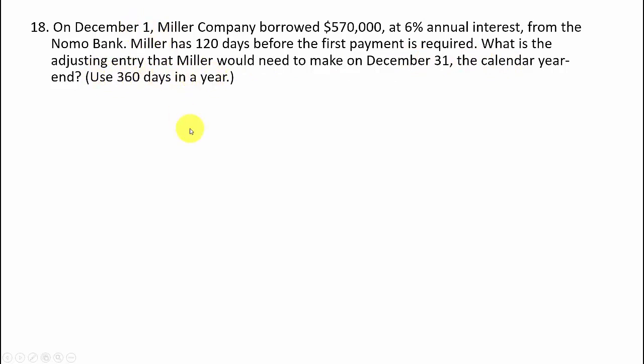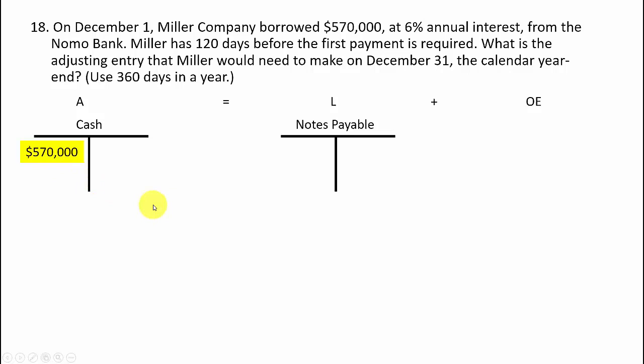So here we are on December 31st. And let's show the accounting equation here. We borrowed $570,000, so $570,000 cash goes up, and we'll put that under notes payable also, 570, and that was on December 1st. It's a 120-day note, and we want to show how much interest should we accrue on this note from December 1st to December 31st at 6% annual interest.